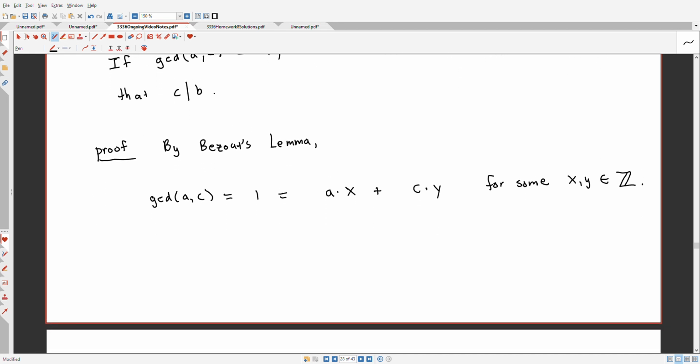Okay, so if the greatest common divisor is 1, then 1 is a linear combination of these two expressions. So this all has to be true.